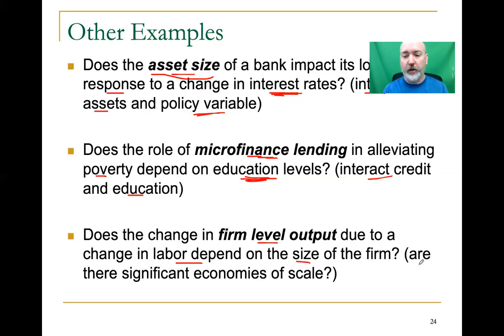So another way to say this, looking for economies of scale. Do larger firms have greater productivity? Crucial questions that can only be addressed, only be included in a regression in the form of these interactions.